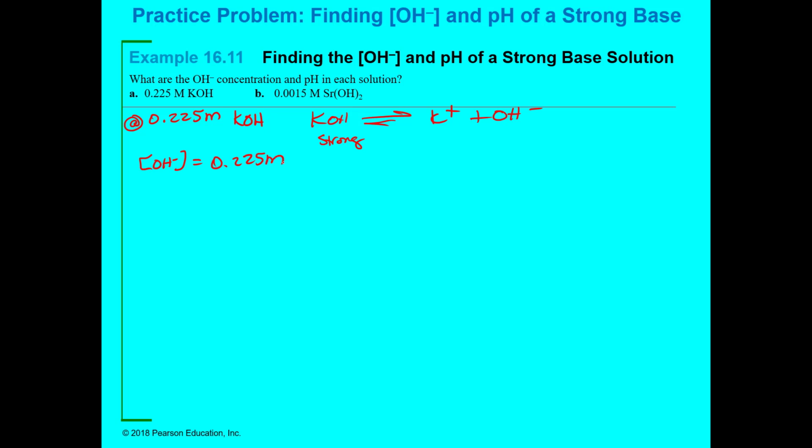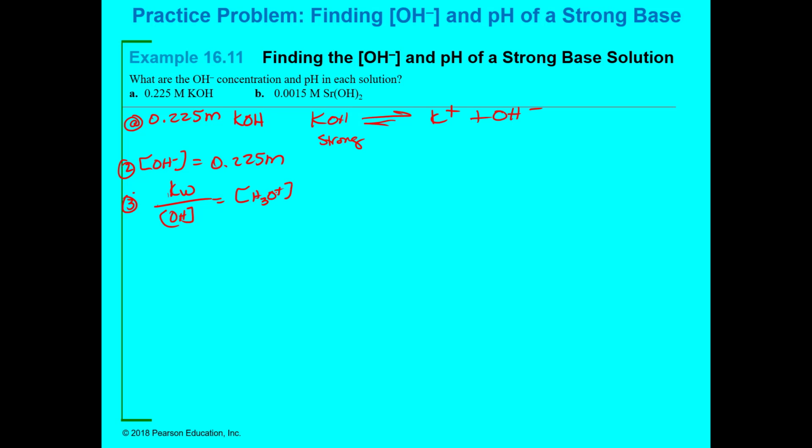Now, that's the concentration because it's strong. If you want to know what the pH is, you can do it one of 2 ways. You could say, remember when we did this, the Kw divided by the OH is going to give you the H3O plus, okay?